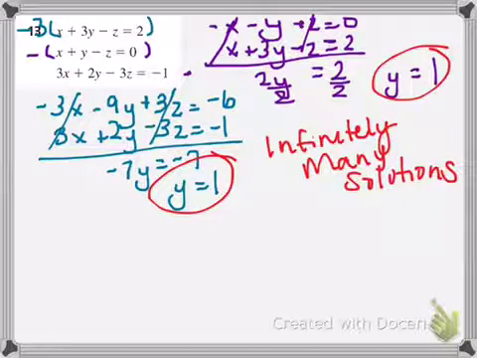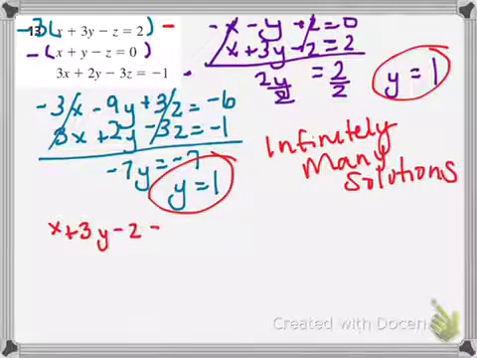Let's take the first equation here. And I'm going to write x plus 3y minus z equals 2. And I'm going to substitute my y value inside.